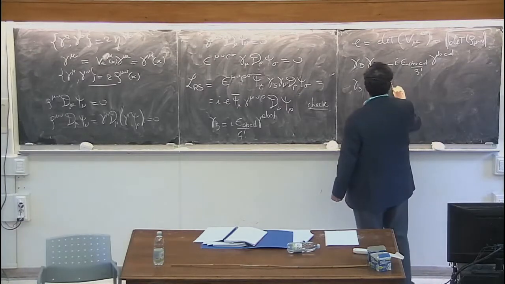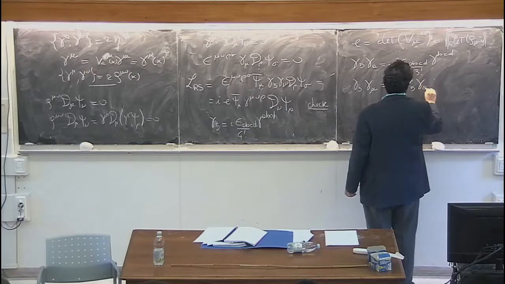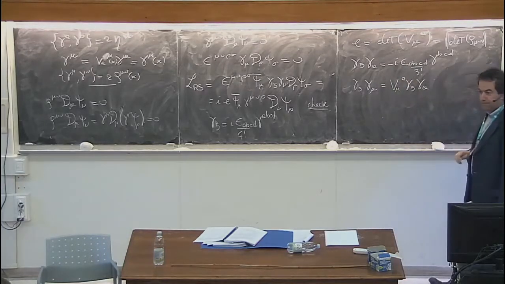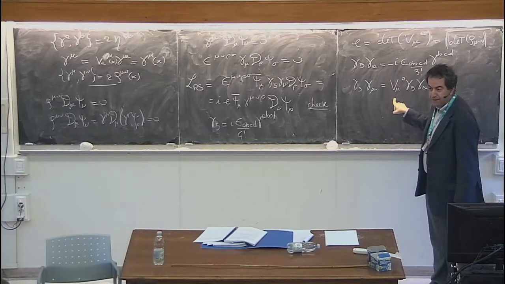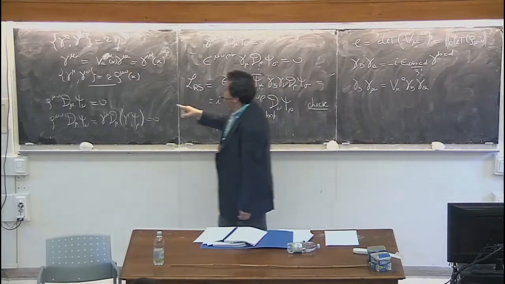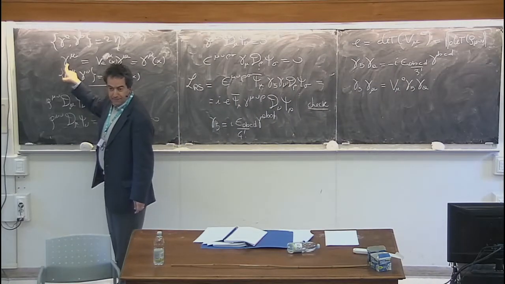This is V mu A gamma 5 gamma A. I'm changing the rigid index A into a curved index, and I'm turning gamma A into gamma mu.